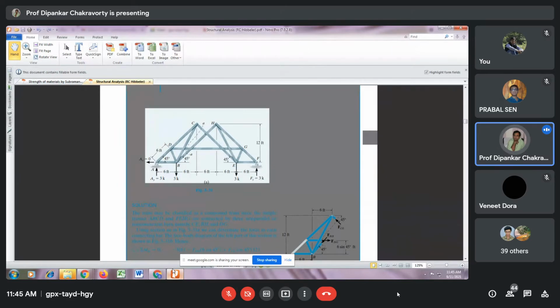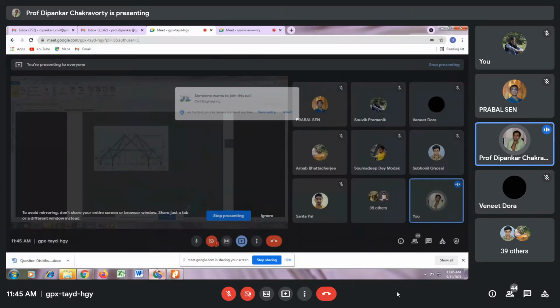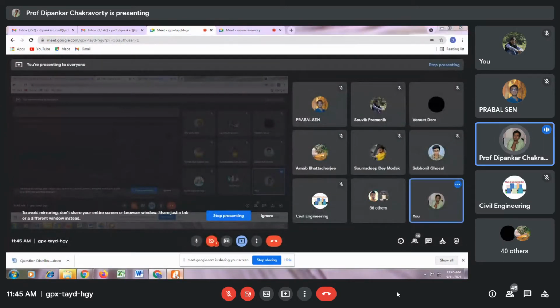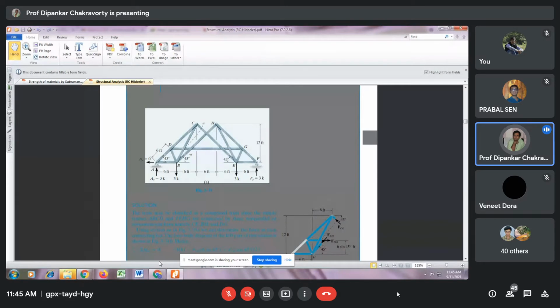A structure solvable by the rules of statics, known as a statically determinate structure, is stable, no doubt, but it is very sensitive and vulnerable. If any one of the support reactions is withdrawn, the structure will become unstable. Therefore, real-life structures are normally made indeterminate.